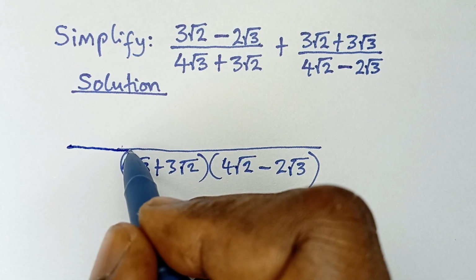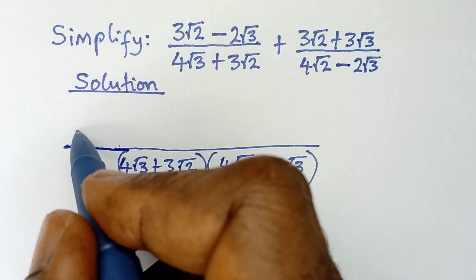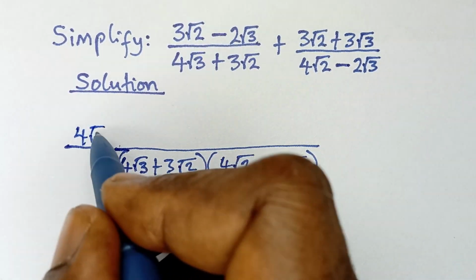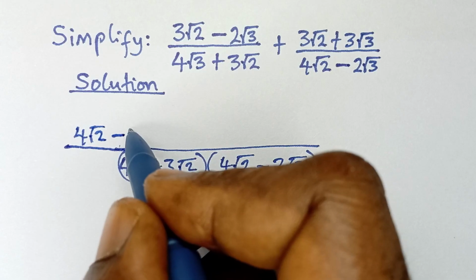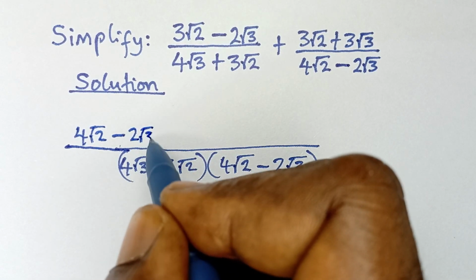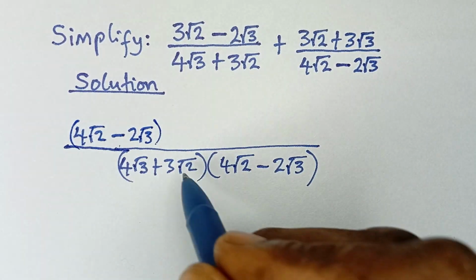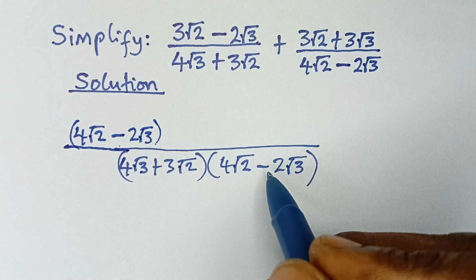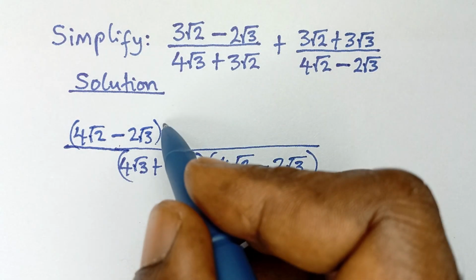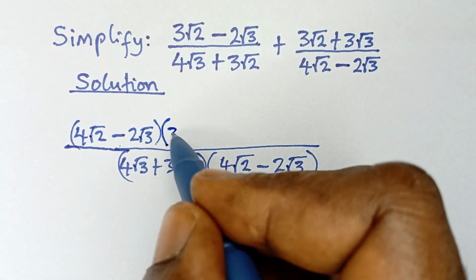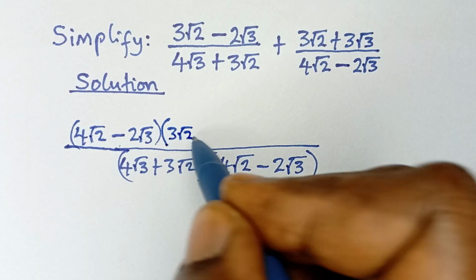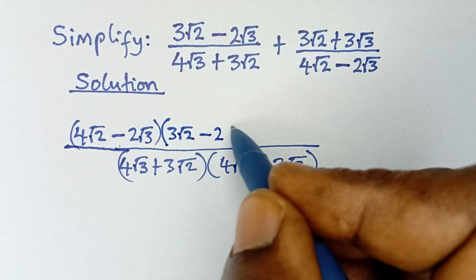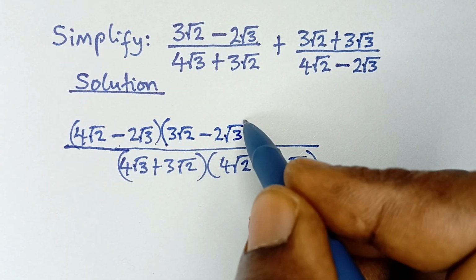So if I write this one now, which is 4 root 2 minus 2 root 3, which is what is left when we use this to divide this, and then multiply the numerator that we have there, which is 3 root 2 minus 2 root 3.